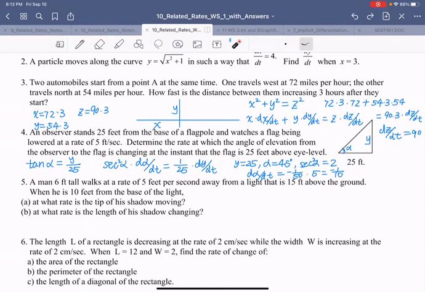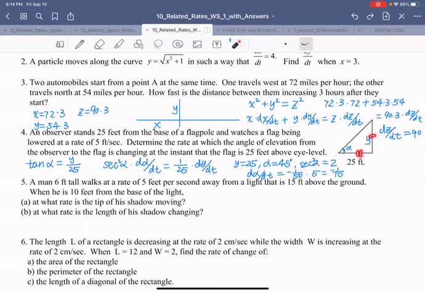Okay. Now you want to find this guy. How do you find that? They ask you, determine the rate at which the angle of elevation is changing at the instant that the flag is 25 feet above. So 25 feet above means alpha equals pi over 4.